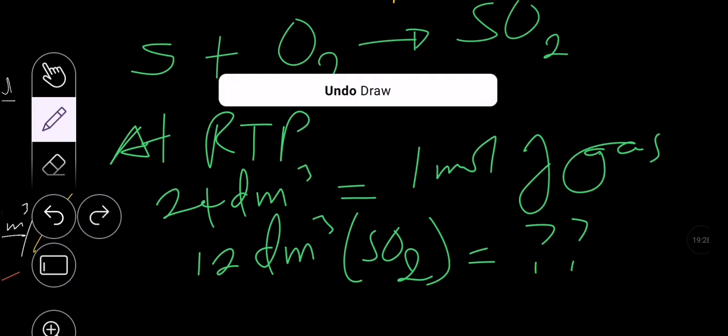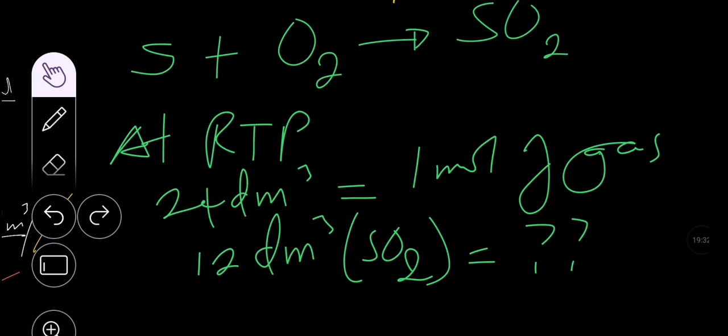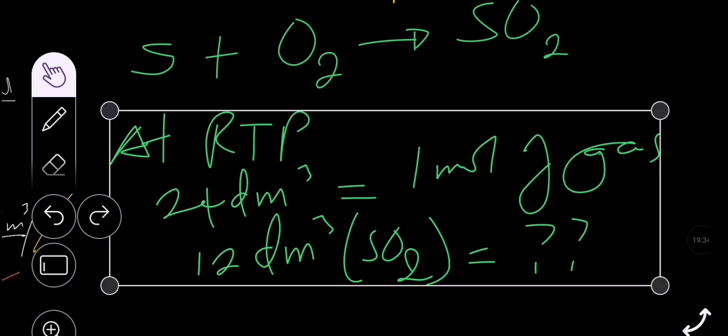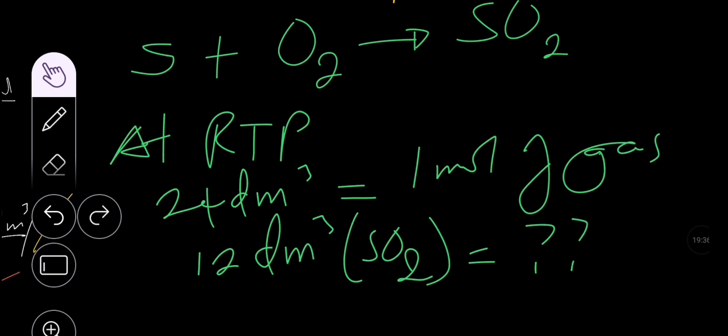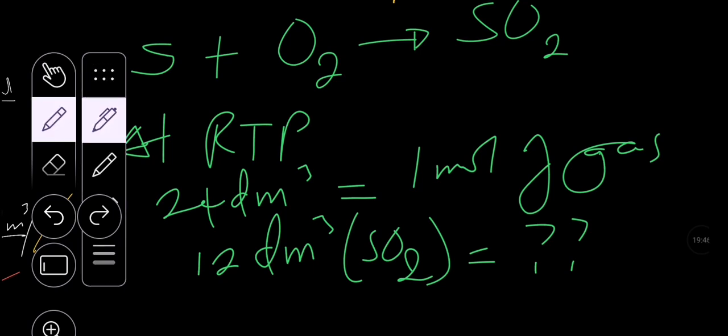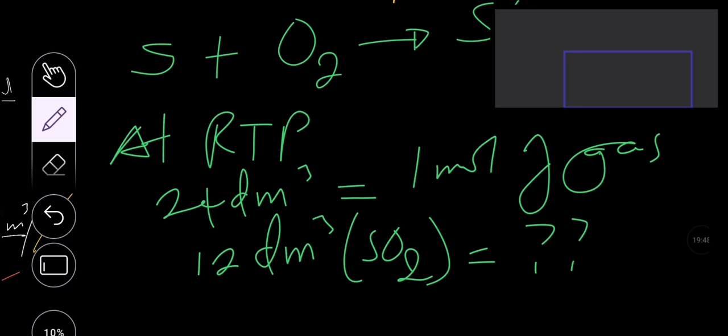It's simple. We're just going to divide. If 24 is giving us 1 mole, how about 12? It means it's going to give us less, so it's never going to be more than 1 mole. That's using common sense.